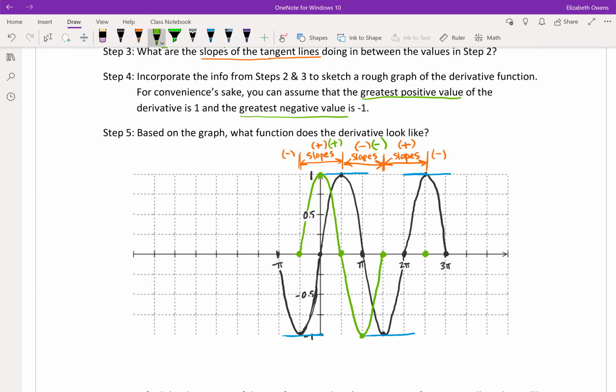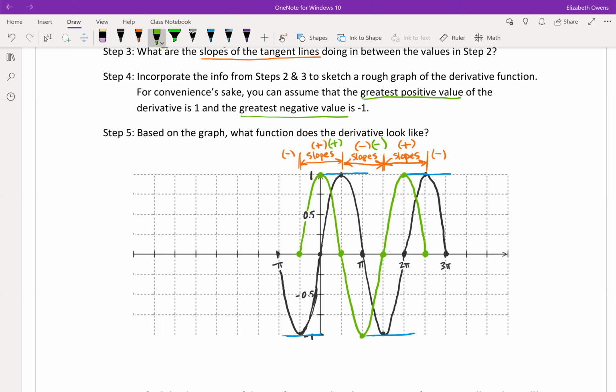And you can follow that same type of pattern to fill in the rest of our derivative graph in green here. From 3 pi over 2 to 5 pi over 2, we're going to follow the same pattern that we saw between negative pi over 2 and positive pi over 2. So it's going to make this type of shape again with our positive tangent line slopes up to the greatest positive value and back down.